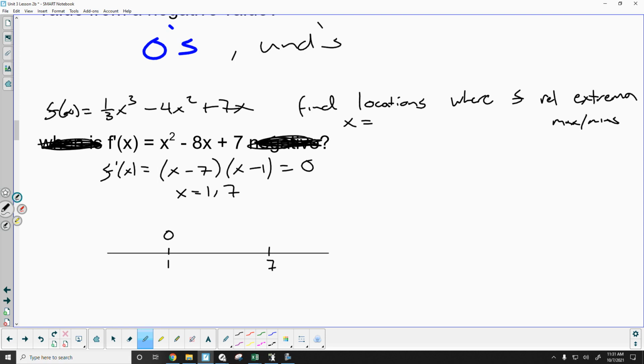And we will say, I know my slope, f prime, is 0 at 1 and 7. Now let's focus on this interval between 1 and 7. We're going to worry about the other intervals too, but right now let's just focus between 1 and 7. I've got to figure out my signs of f prime.